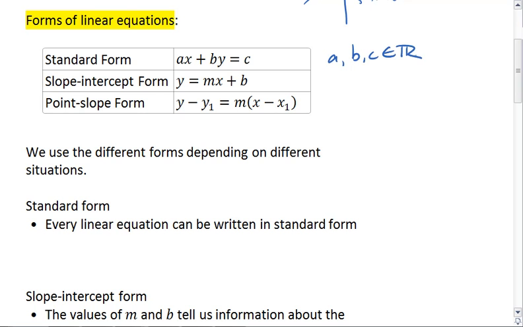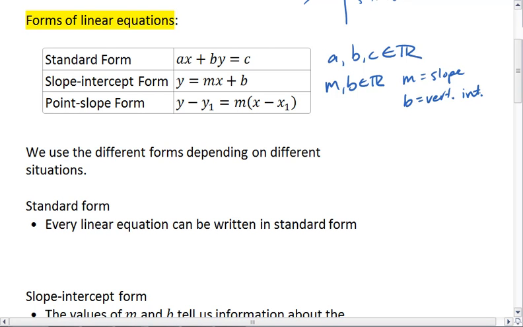There's slope-intercept form, y equals mx plus b, where m and b are also real numbers, but m is the slope of the line, and b is the vertical or y-intercept. And lastly, there's point-slope form, y minus y1 equals m times x minus x1. And again, m is a real number, and m is the slope of our line.